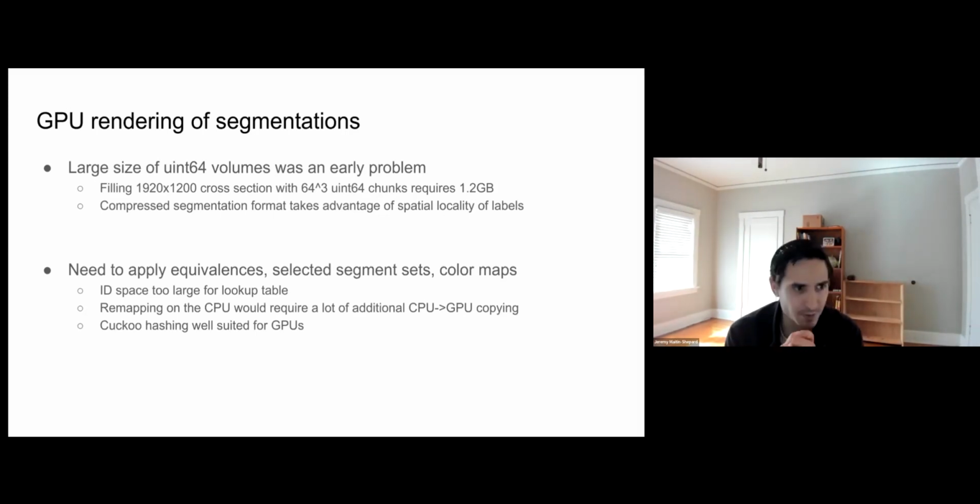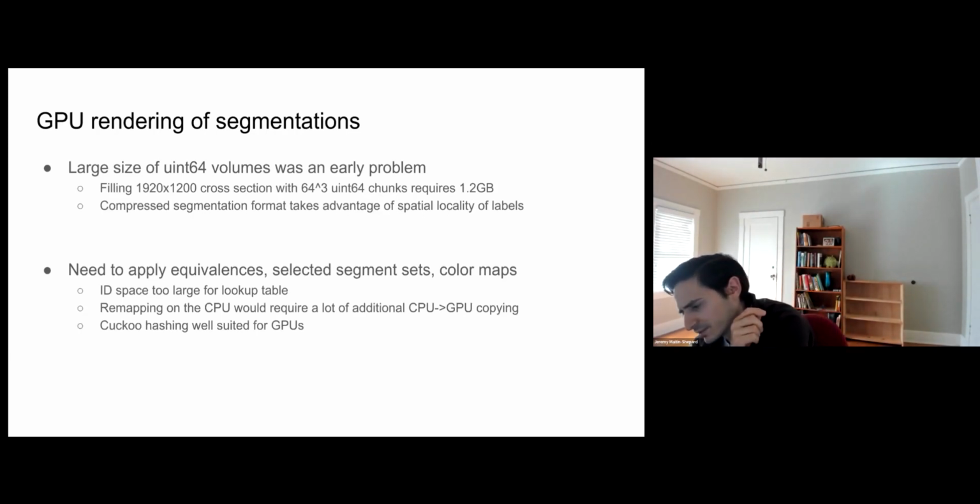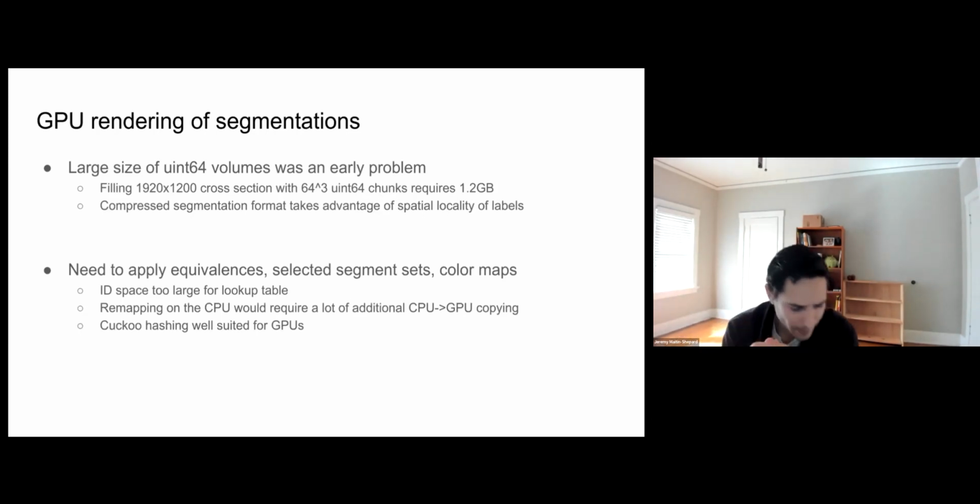And so there was a need for this compressed segmentation format that would allow the segmentation to be compressed when it's stored in GPU memory and allow us to render directly from this format. One of the key properties you need for a compression format to be renderable is that it allows random access to every location independently.